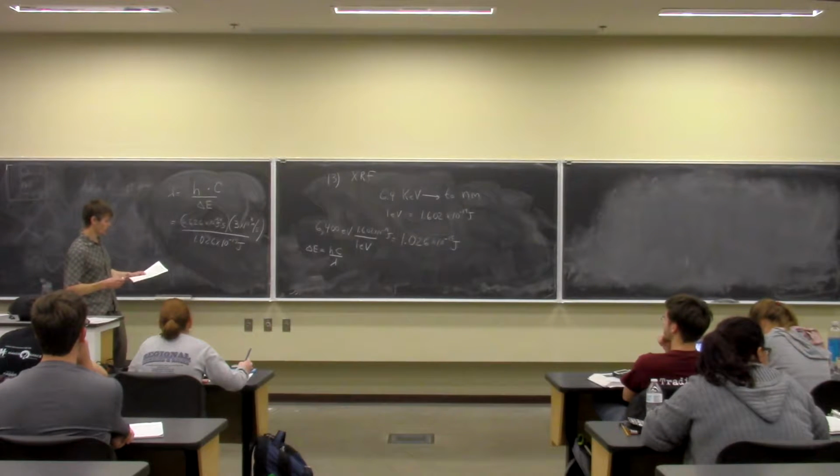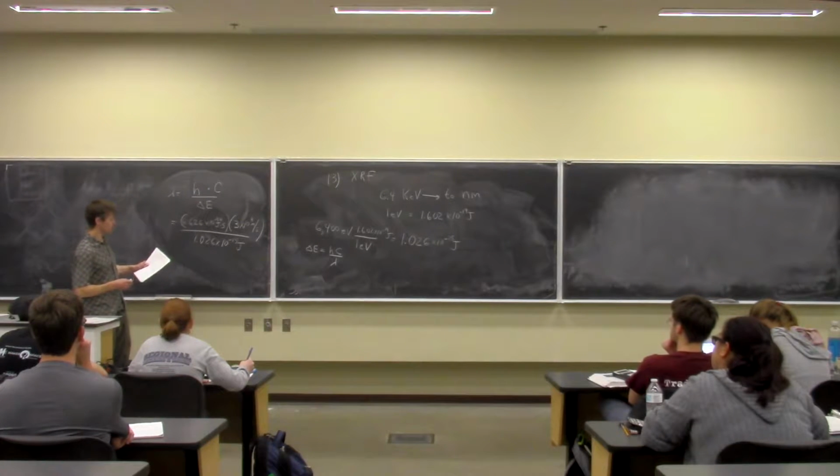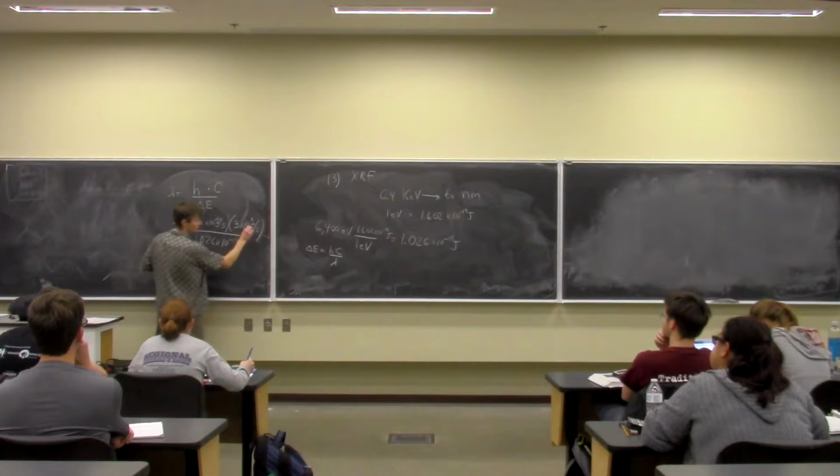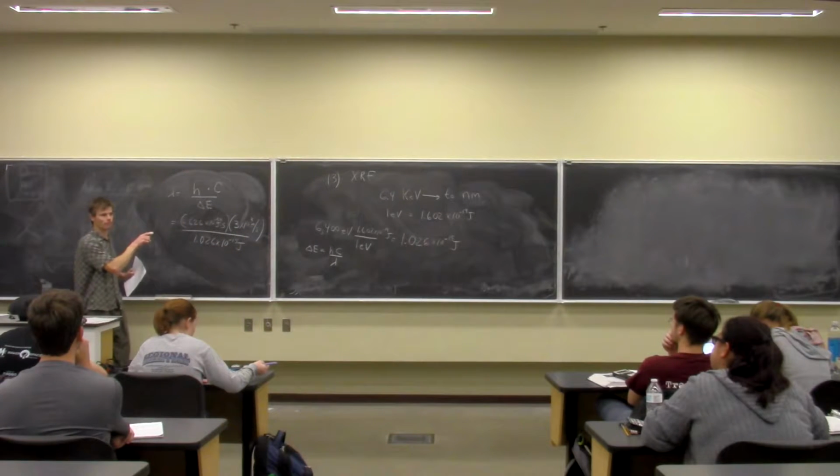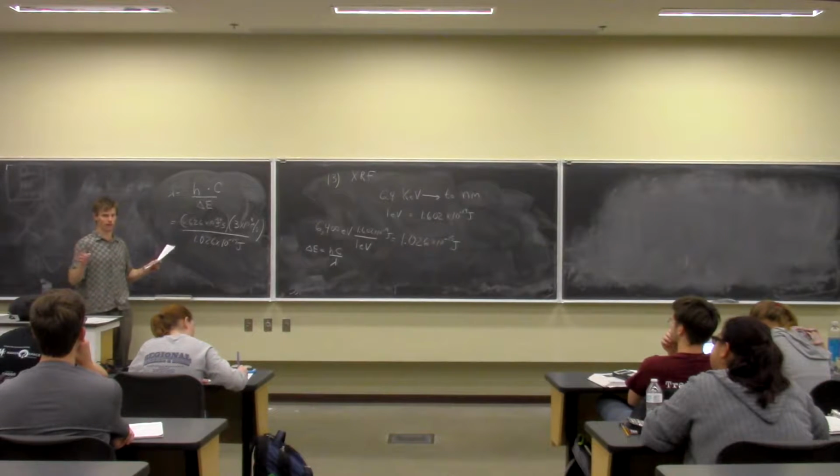Okay, when we get our numbers, remember our answer is going to be in meters. There's the unit we're after. We have to convert it into nanometers. So make sure you do your conversions on the exam.